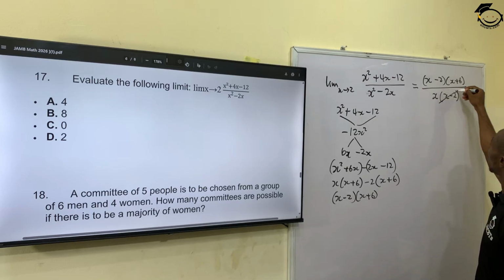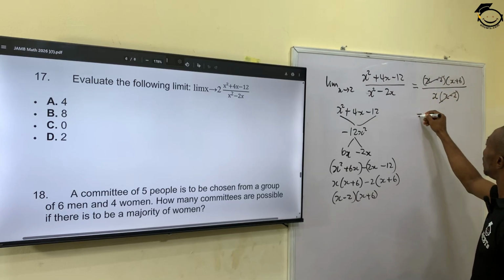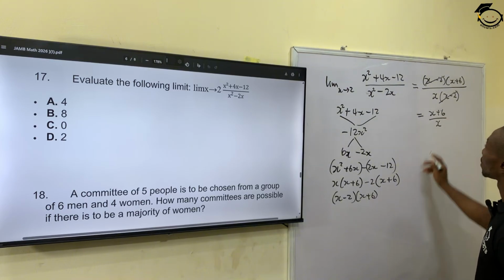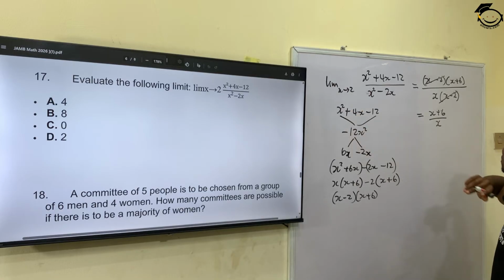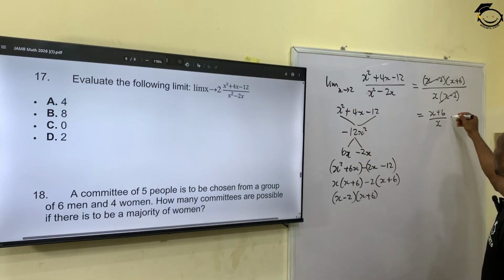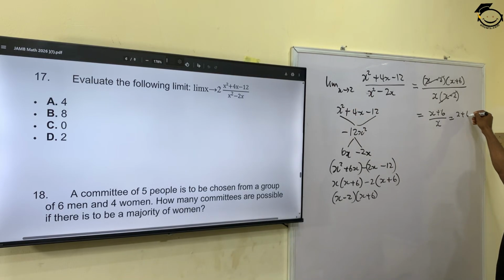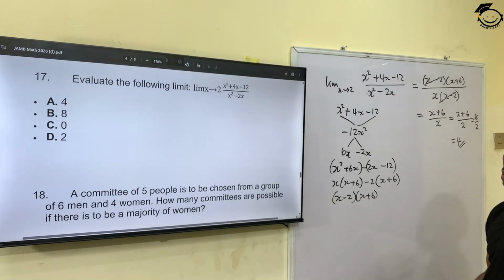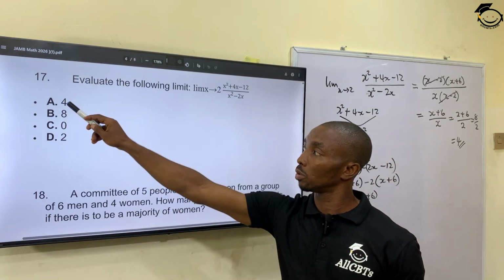So now this can cancel out this, leaving us with x plus 6 all over x. Now, applying our limit of 2, this will become 2 plus 6 all over 2, which is 8 over 2, which will give us 4. So our answer will be 4, which is option A.